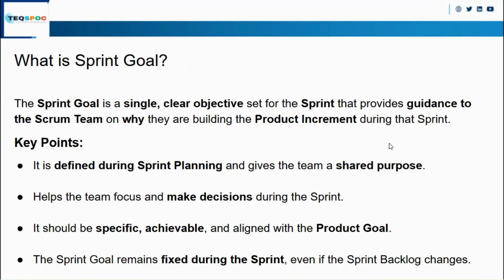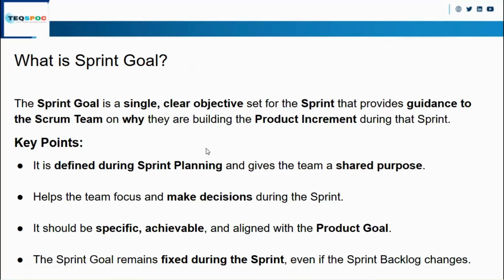Means by seeing the sprint goal, the developer understands what they are going to do in the current sprint. So sprint goal is basically a single one-liner, clear objective. By seeing the sprint goal, we can see, this is the goal we want to achieve in this sprint. Key point: sprint goal is defined under a sprint planning meeting.